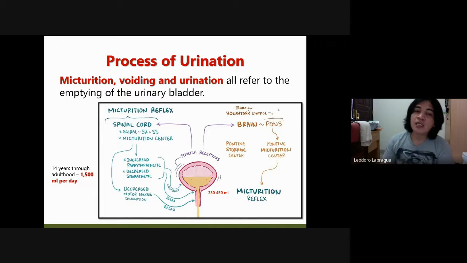That is how important the brain is in controlling body processes. And normally, a normal adult would urinate around 1,500 ml of urine per day.